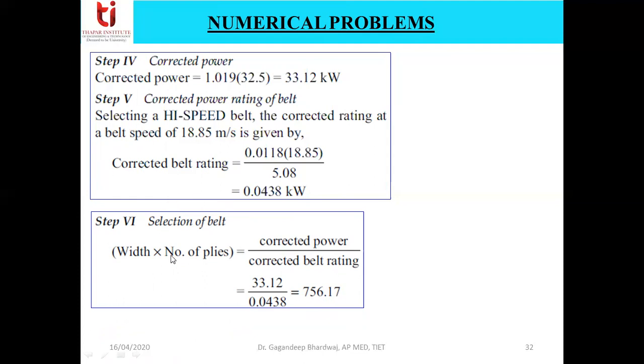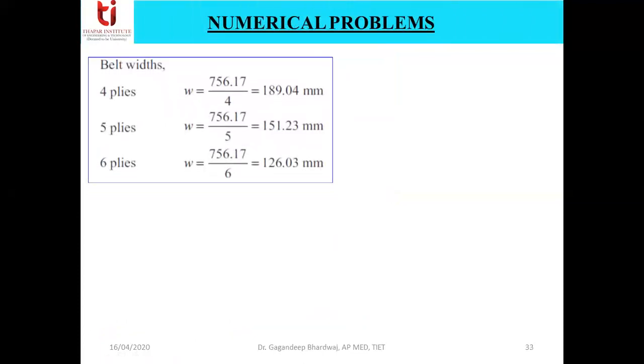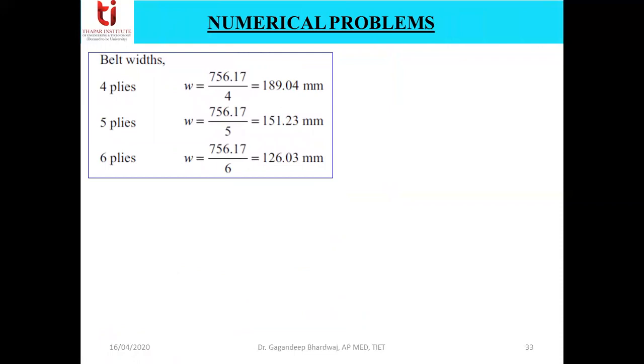Now we can take the number of plies as 3, 4, 5 or 6, depending upon different applications. Now we have taken 4 plies and you can calculate the width. In case of 5 plies, the width is different. In case of 6 plies, the width is different. We can select a high speed belt of any size and number of plies.